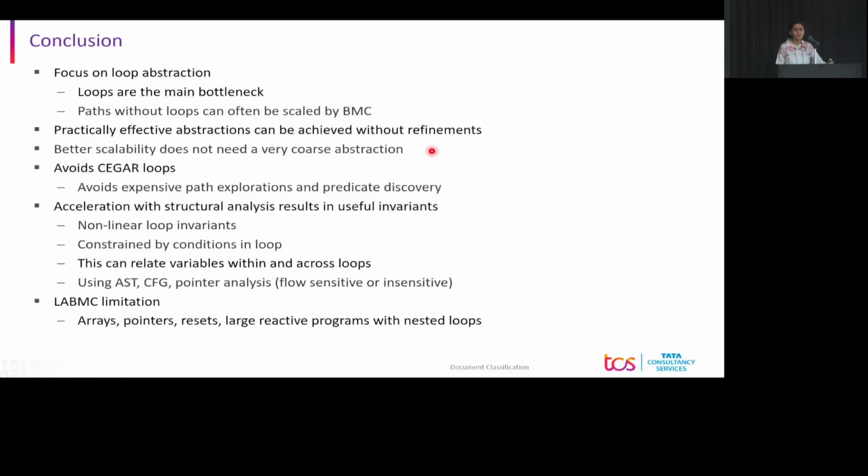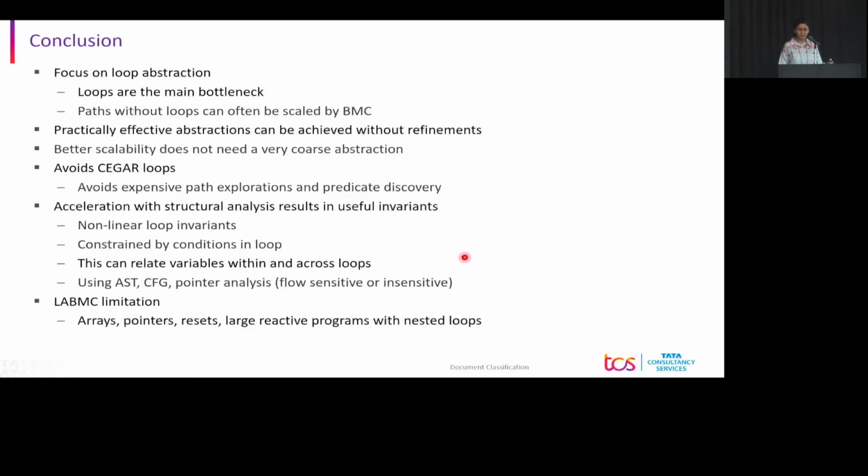And you don't need to start with a very coarse abstraction. This way, where you just structurally analyze the program, you can come up with really useful loop invariants, so you don't need to start with a coarse abstraction and then follow the wrong path down for refinement. And we were able to find non-linear loop invariants, which were constrained by conditions in the loop, and that automatically makes the abstraction useful without having to come up with anything. It automatically happens that way, so that's why it's so useful.